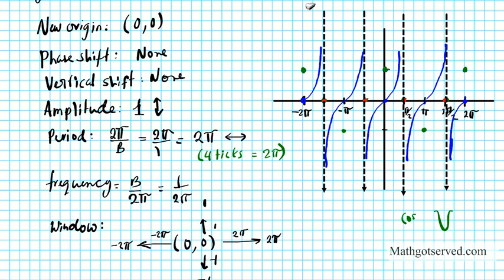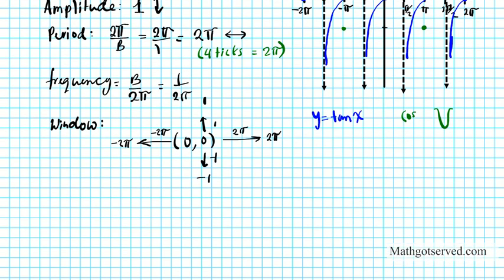Okay. Let's go ahead and take a look at how to draw the cosecant function. Okay, so for number 2, we're going to graph y equals cosecant x on negative 2 pi less than or equal to x, and that's less than or equal to 2 pi.